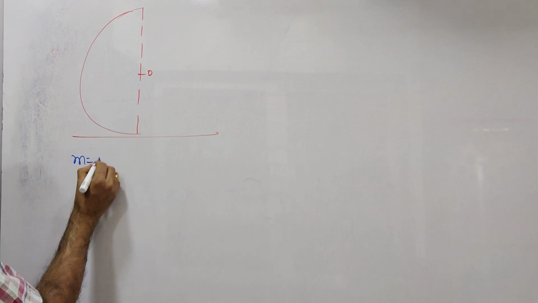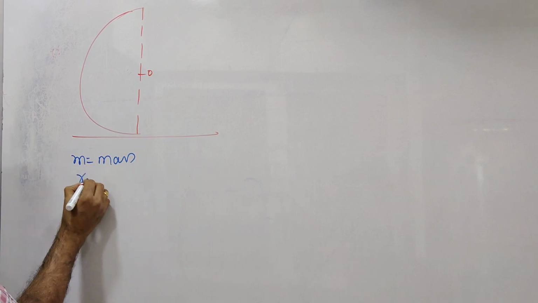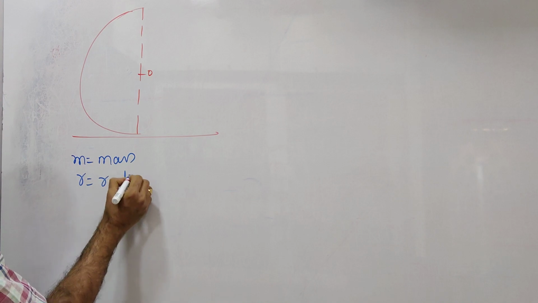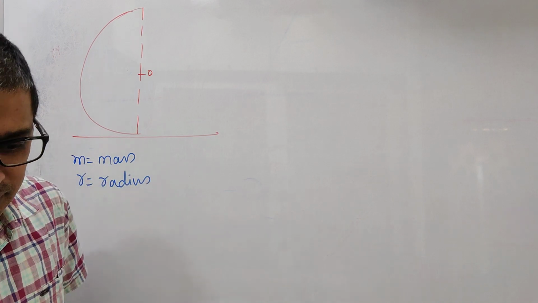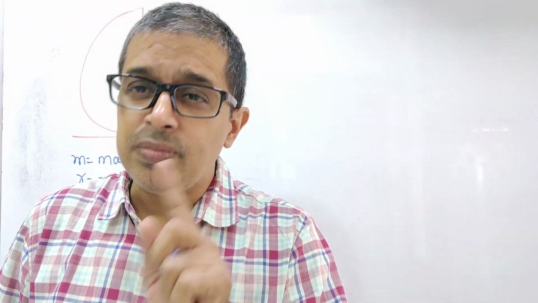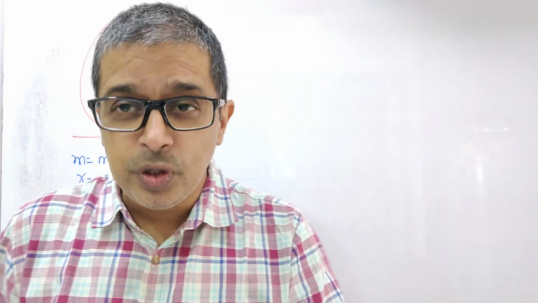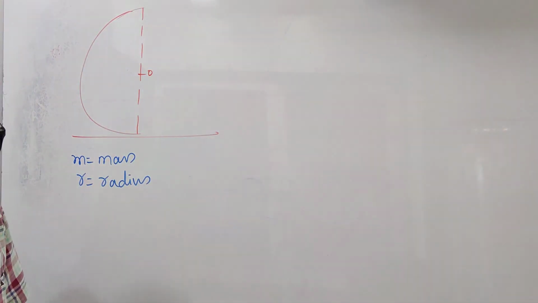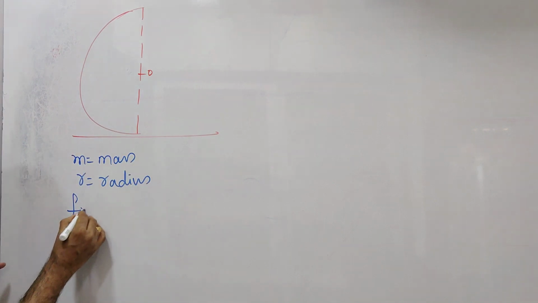Semicircular ring of mass m, radius r, released from rest in the position shown, resting on a horizontal rough surface.